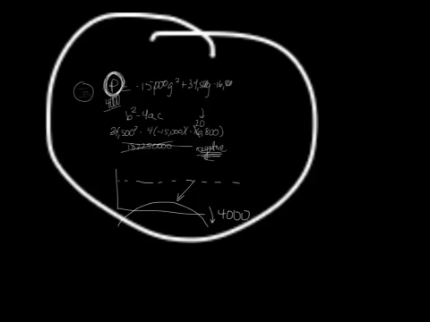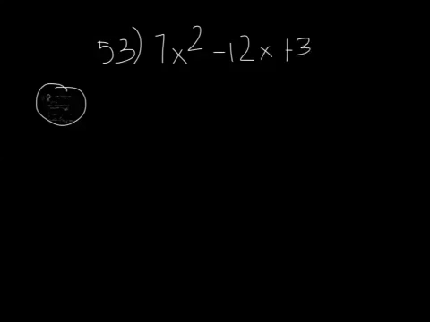So we are going to go to number 53. Put that over here. Maybe we'll come back to that later if we have a question on it. And what we're doing here is approximating a decimal answer. Did you get a root answer? No. Okay. So just read off number 53 for me then. 7x squared minus 12x plus 3 equals 0. So lucky for us, step 1 is done.